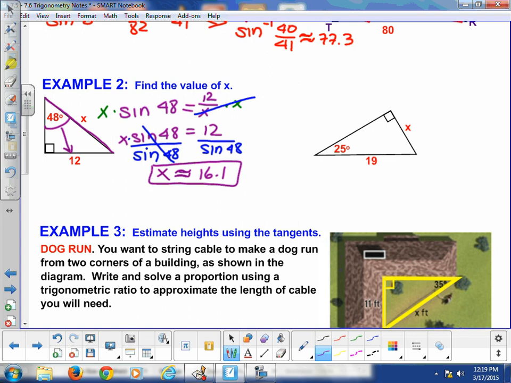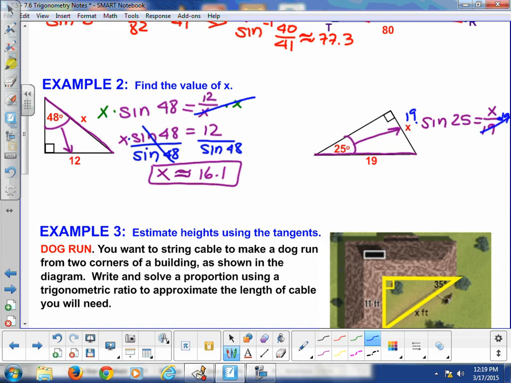And let's look at the next one. The next one is, I have this angle measure. I'm looking for the opposite, and I know the hypotenuse this time. So here we have it. It is sine 25 is equal to opposite over hypotenuse. To get x by itself, I must multiply each side by 19.